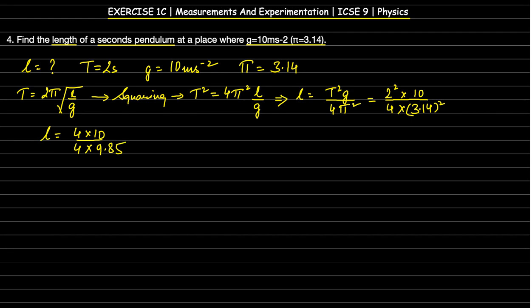Now 4 and 4 cancels. We get this as 10 by 9.85, which approximately is equal to 1.01 meters. So we get the length to be 1.01 meters. So this question, the calculation was slightly tricky. Rest it was an easy question, direct substitution.